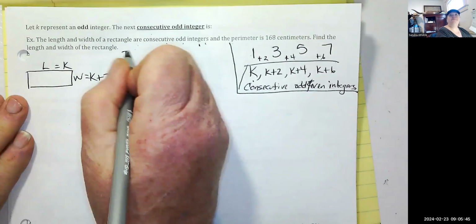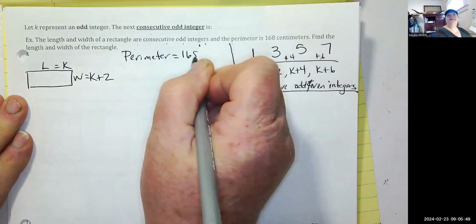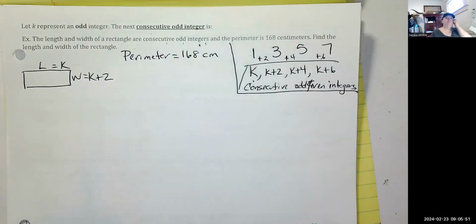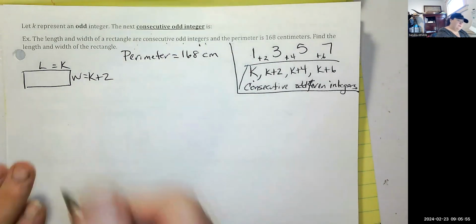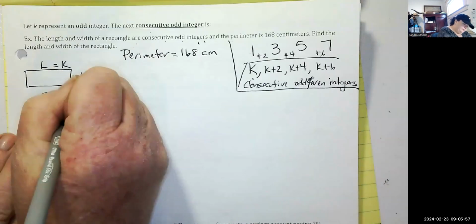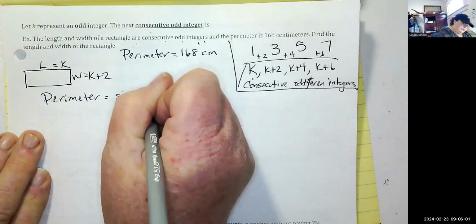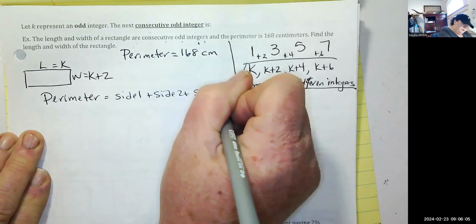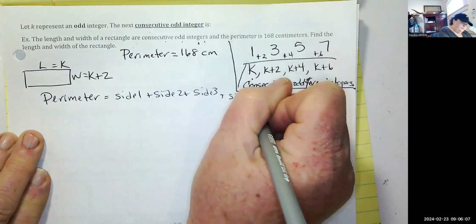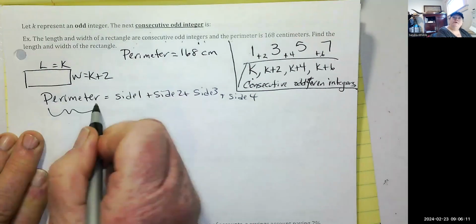So perimeter is equal to 168. I'm going to write centimeters just so I don't forget my unit. Perimeter is equal to side 1 plus side 2 plus side 3 plus side 4. All right, I'm going to substitute the number 168 where the word perimeter is.